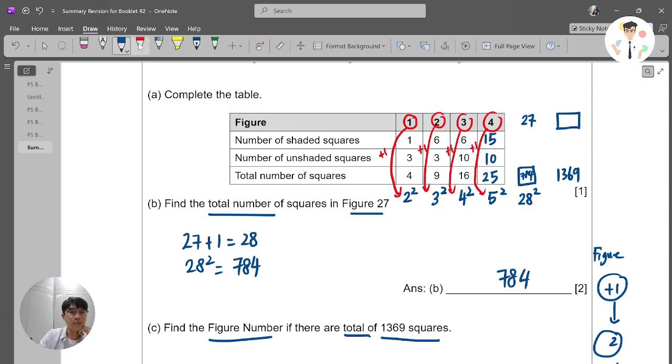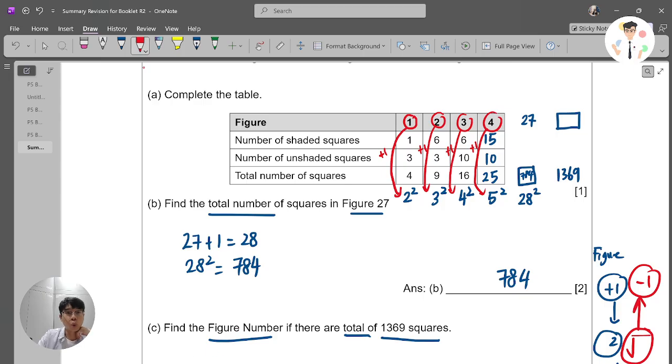But now the problem is that we are given the squares and need to find the figure number, so whatever we do, we should reverse. It means we start from here, but reverse everything. Just now we did plus 1, then square. Now what we need to do is to square root, then minus 1. So, square root, then minus 1.